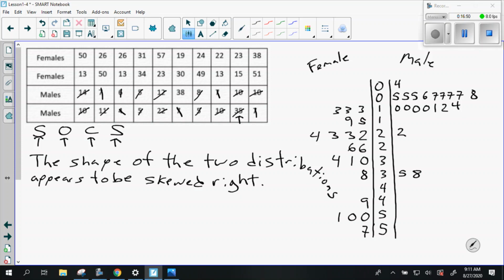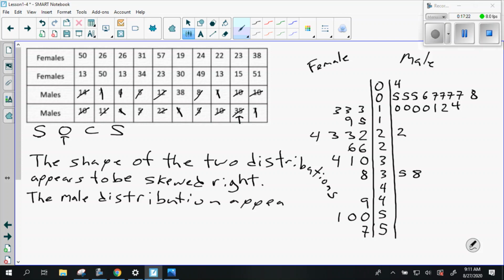Let's look at outliers now. So we took care of shape. Now we're over here. The male distribution appears to have extreme values, right? But it doesn't look like the female data really does, right?